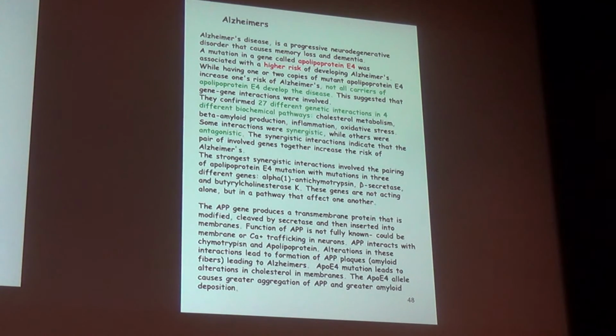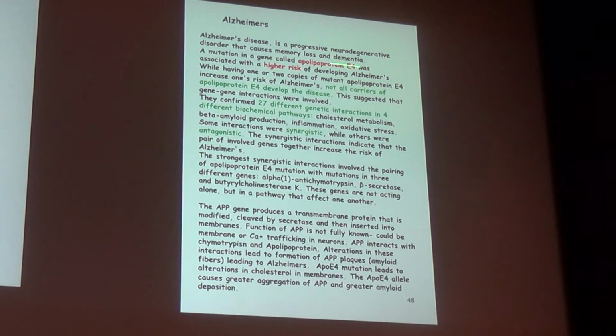But it predisposes you. It increases the probability that you will get Alzheimer's. It doesn't mean you will get Alzheimer's. There are many, many other genes that affect this gene and result in either increasing or decreasing your probability of getting Alzheimer's.